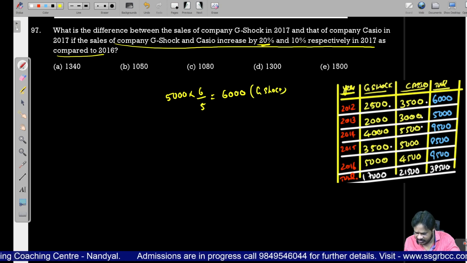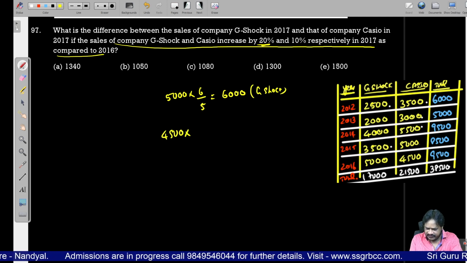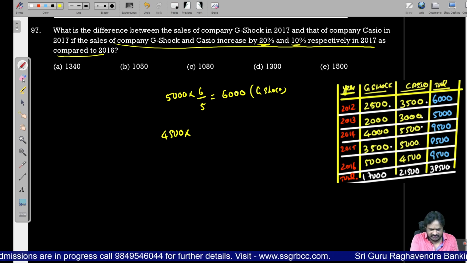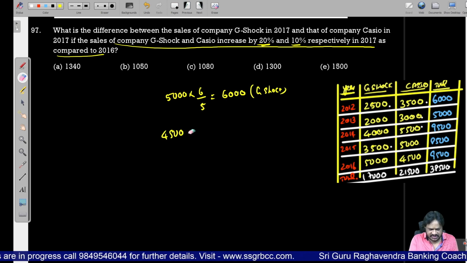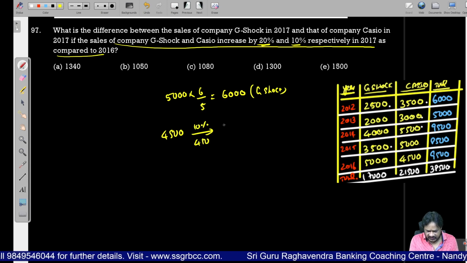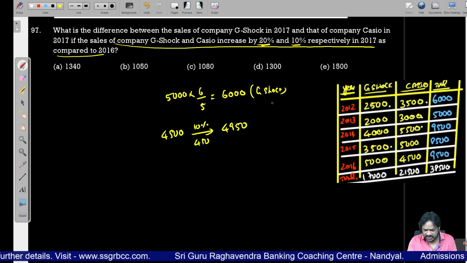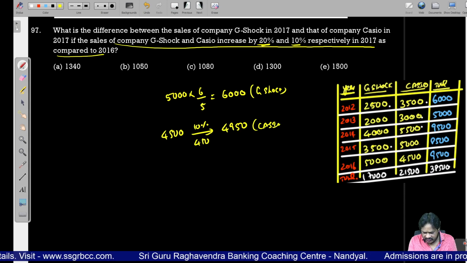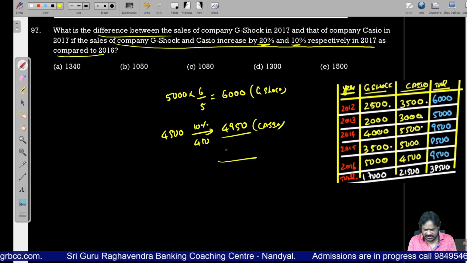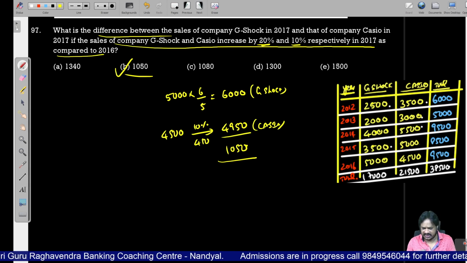If you come to Casio, the value is 4500. It is increased by 10%. 10% is nothing but 450. It will give 4,950. So one value is 6,000, one value 4,950. We have to find the difference. So difference you can clearly see it is 1,050. 1,050 is the correct answer.